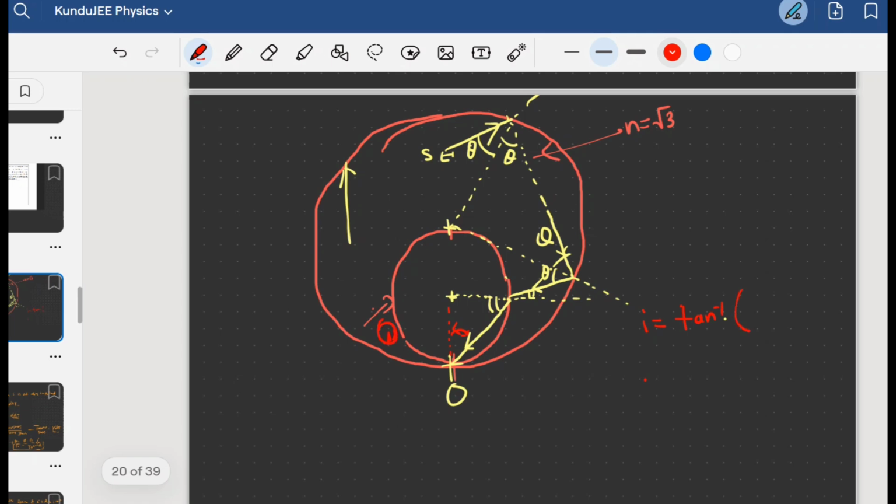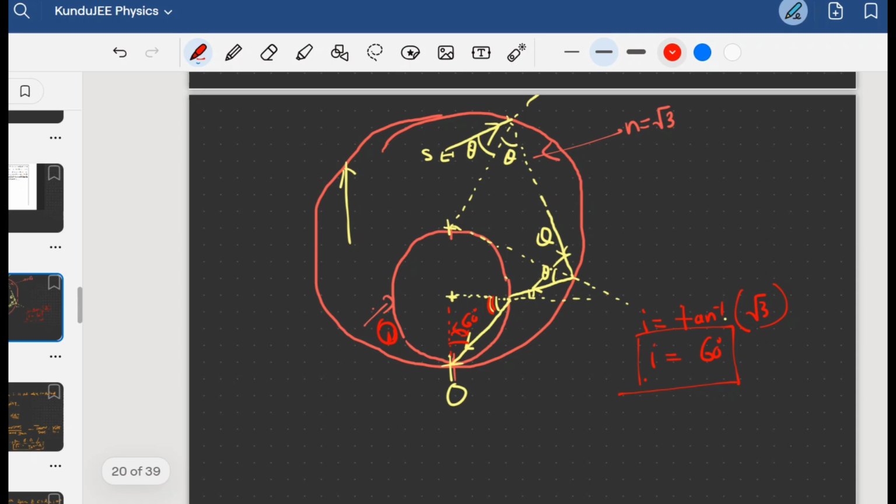What is the refractive index here? Root 3. So it will be tan inverse of root 3, or 60 degrees, in order to get polarized. So we found that it is 60 degrees. If this is 60 degrees, this angle is also 60 degrees.